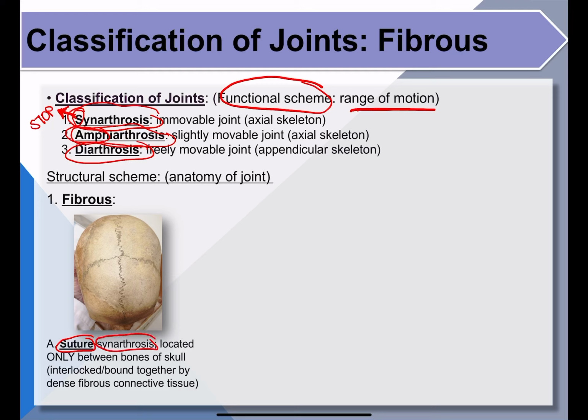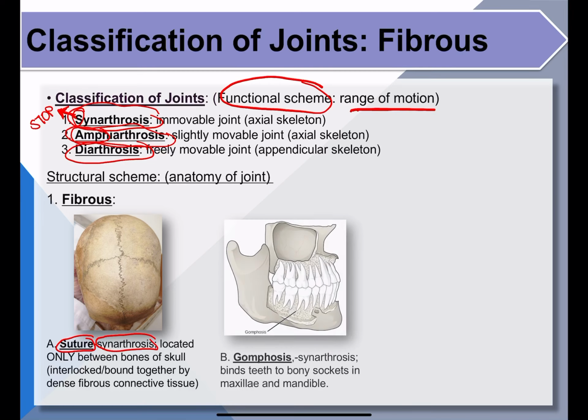They shouldn't. It would be kind of scary if your skull could move in and out. You won't want them to move anyway, because the skull acts like a helmet that protects your brain. So you don't want it to move. And within those sutures, there is dense fibrous connective tissue that interlocks these joints together to keep them very sturdy and very strong.